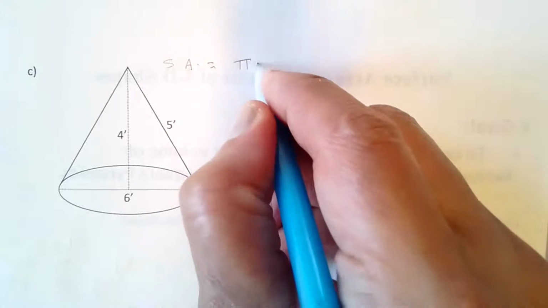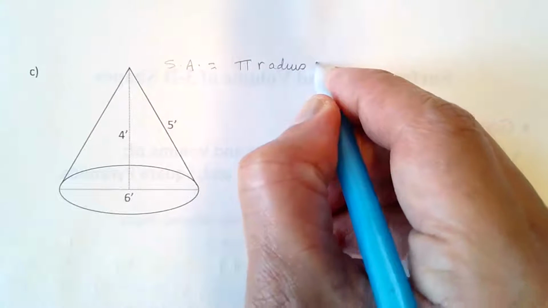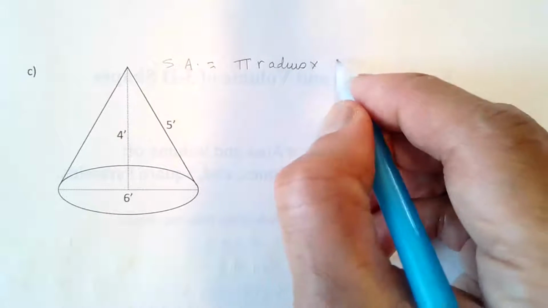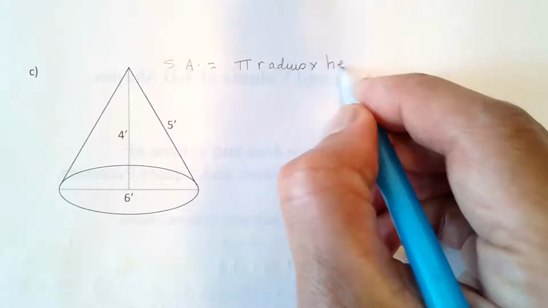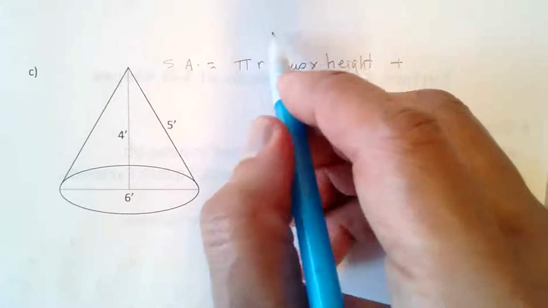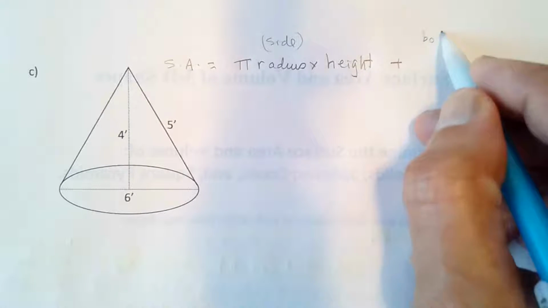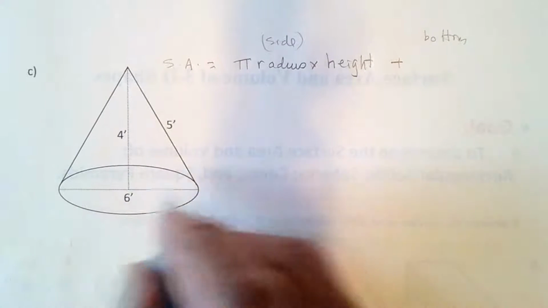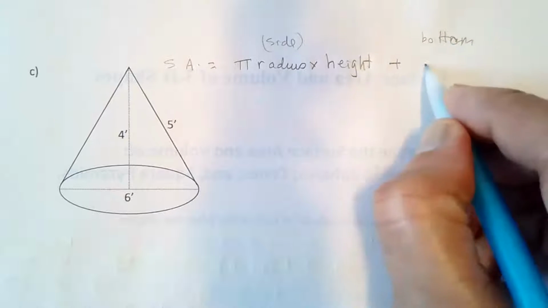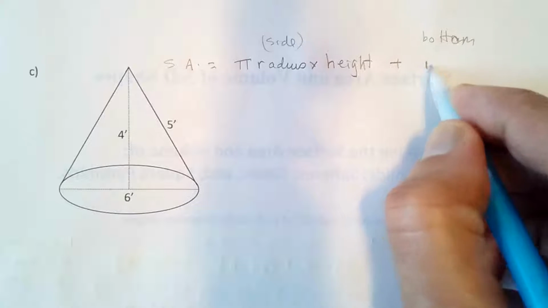And that is equal to pi times the radius times the slant height. Plus, so this is the side, and the bottom, which is right here, is pi r squared.